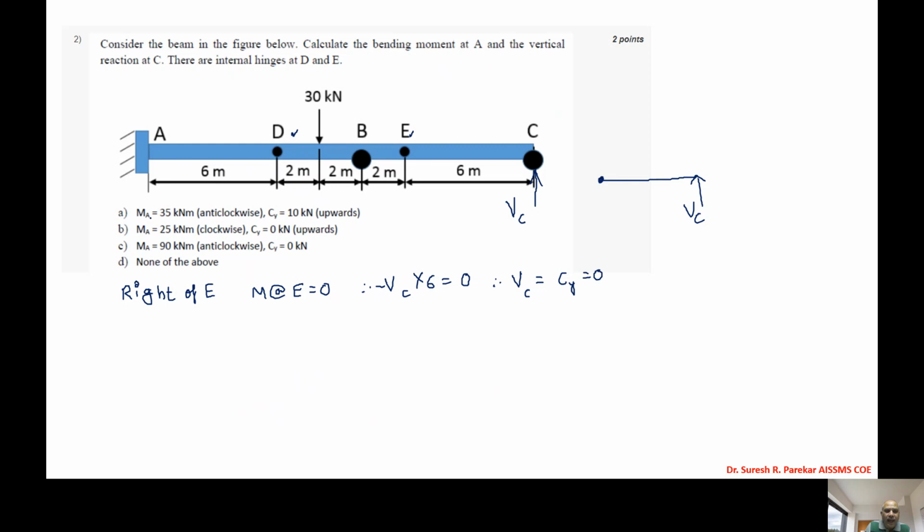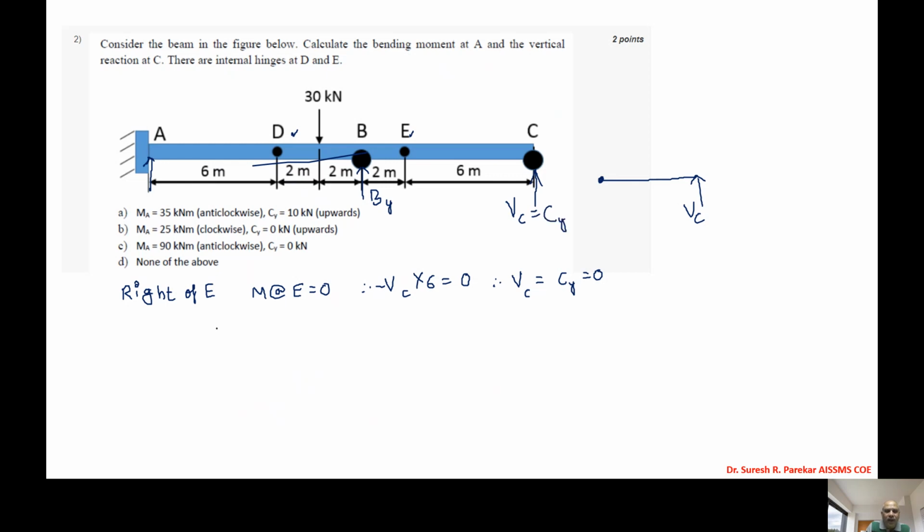Now we have to find MA. So we have to find the reaction at A first, and then we can go for MA. To find the reaction at A, we should know the reaction at B. I will mention it as BY, as they have mentioned CY.